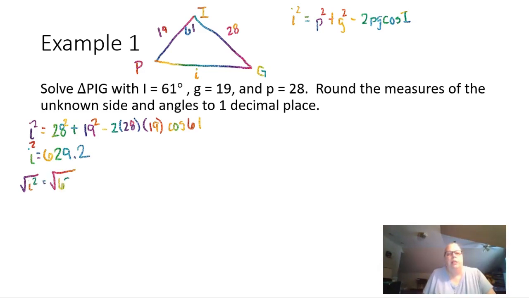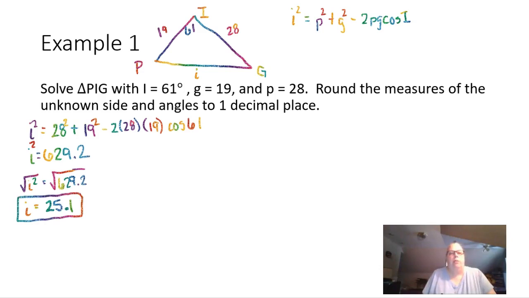We're going to take the positive square root here because the negative square root is not going to make sense as we're measuring a distance or a side length. All right, let's square root this. And I'm getting 25.1. So side I is going to be 25.1.